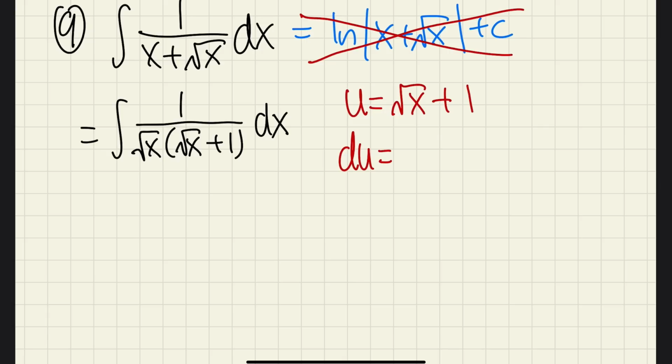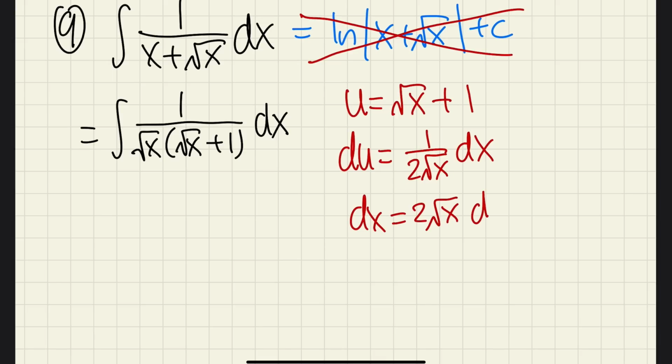So du is equal to the derivative of square root, which is 1 over 2 square root of x, and then dx. Now multiply this to both sides, and then we have that.